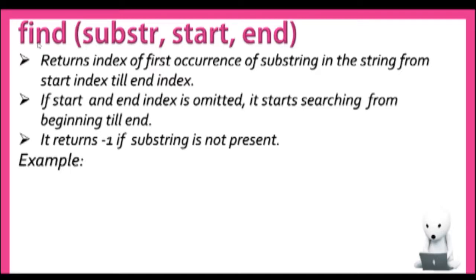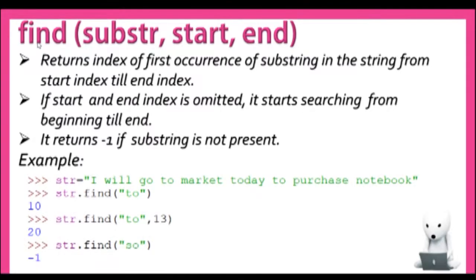Let's see its example now. I have taken the same string, "I will go to market today to purchase notebook", and if I start finding 2, having omitted starting and end position, it starts from position 0 and the first occurrence of 2 is at the 10th index, so it returns 10.